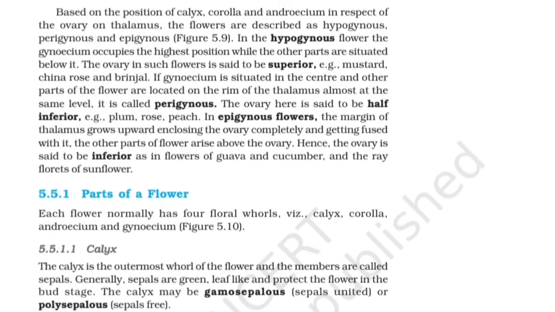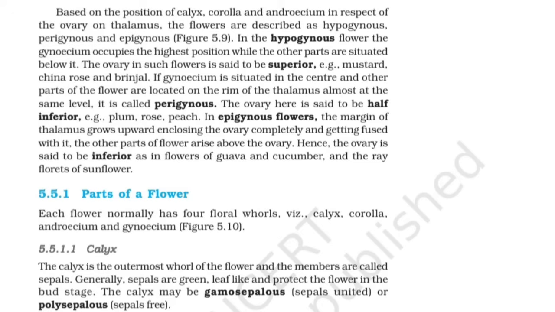Based on the position of calyx, corolla, and androecium in respect of the ovary on thalamus, the flowers are described as hypogynous, perigynous, and epigynous. In the hypogynous flower, the gynoecium occupies the highest position, while the other parts are situated below it.